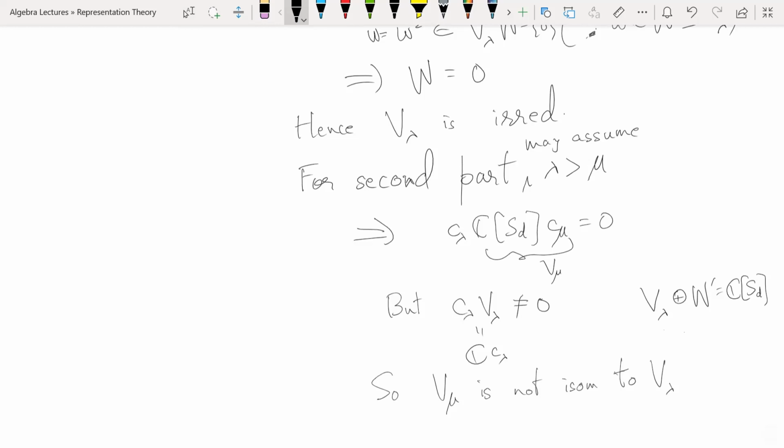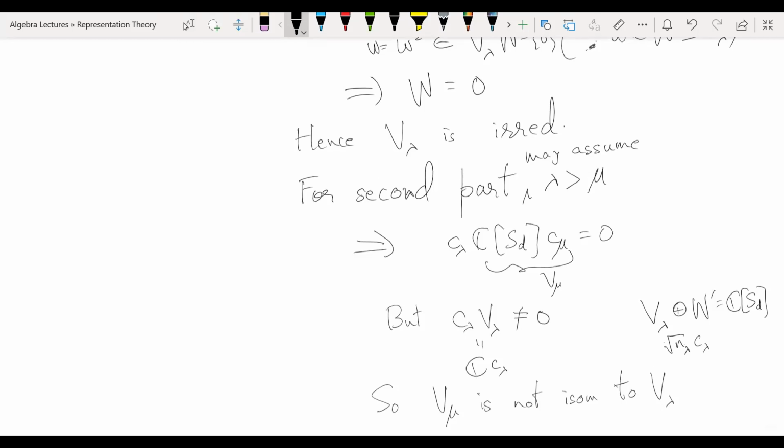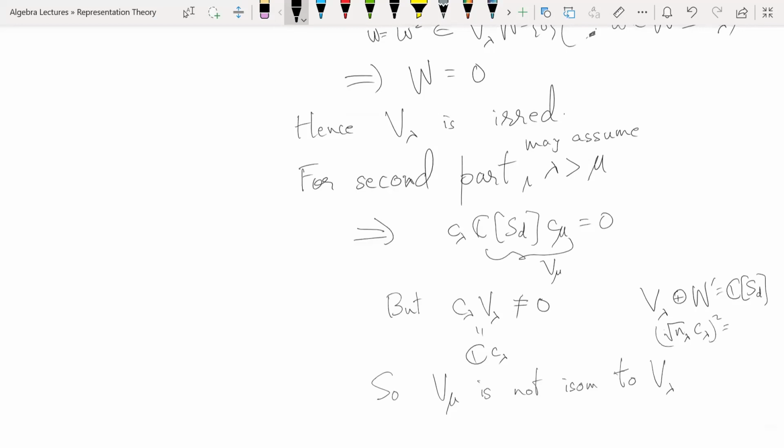In fact, square root of n lambda C lambda: if you square it, then you get n lambda, so you have to divide it. I haven't said why this is non-zero, but explicitly we don't need it.